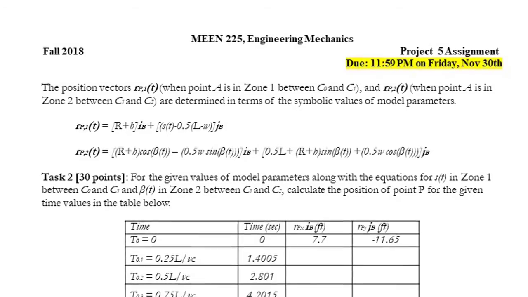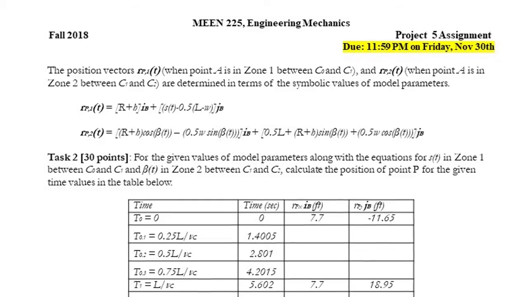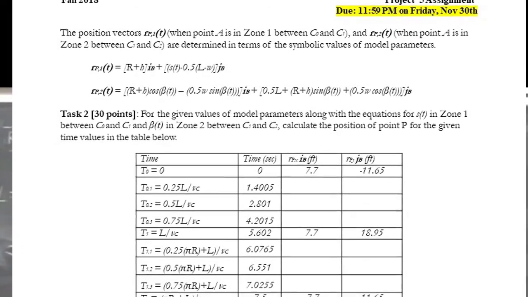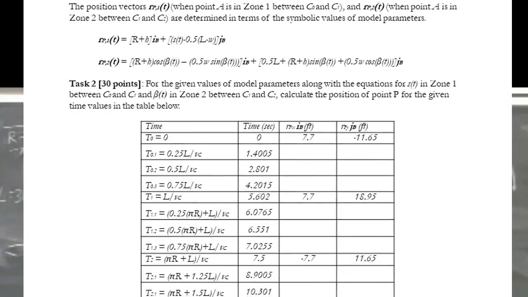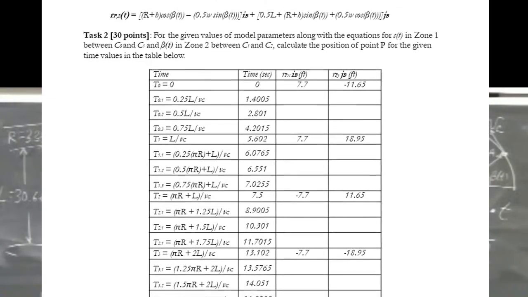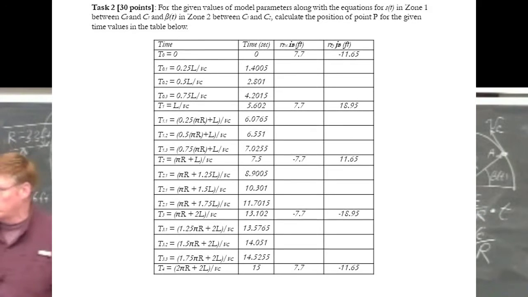So now that you have S of T and beta of T, fill in the table for your different time segments. Put in what T is, figure out what your RA is in the X direction. This is what we're talking about, our XB and our YB. You're filling in this table for the 15 seconds it takes you to go around.